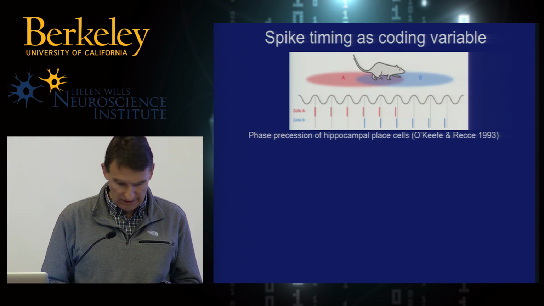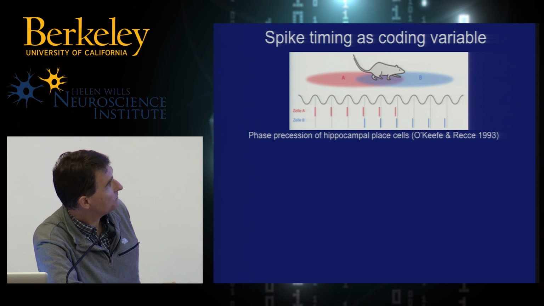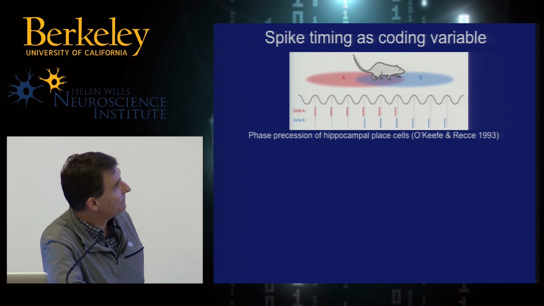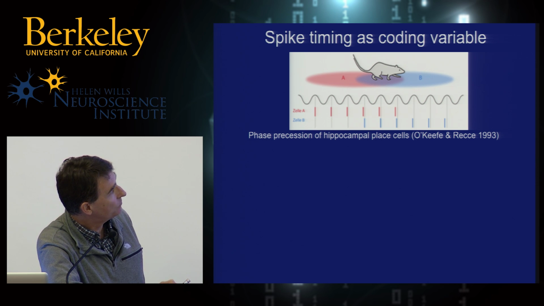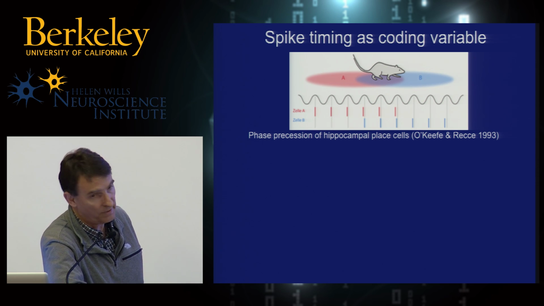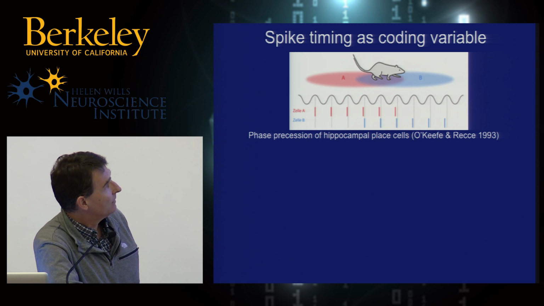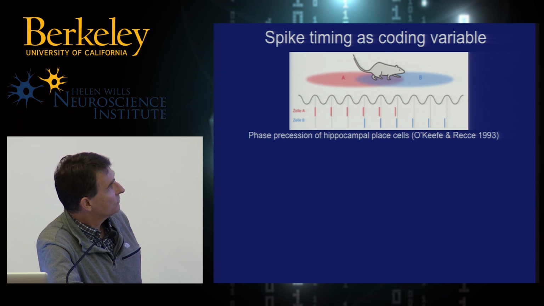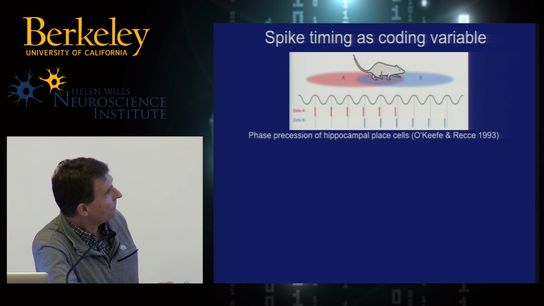Now let me come back to the hippocampus. In the hippocampus, there are these place fields. There are two neurons, blue and red, and here are their spike trains. You can see that the animal walks from red to blue: red fires here, and blue starts to fire here. But if you draw the theta rhythm, and you note the relative phase of, say, the red spikes and the theta rhythm, you find that they advance in phase as you go from here to here.